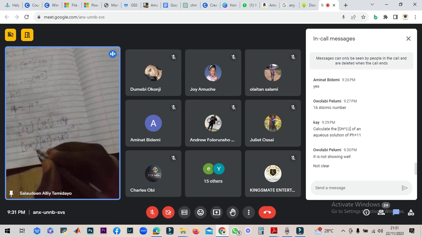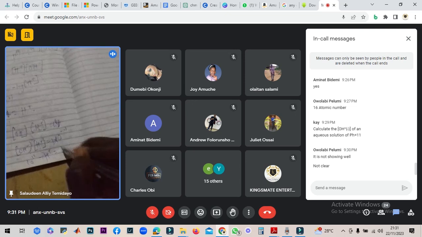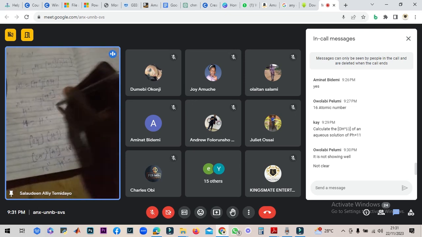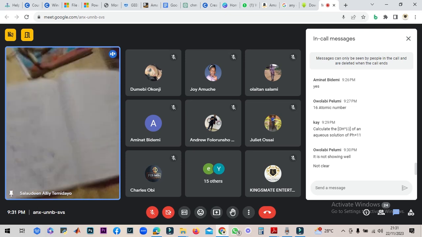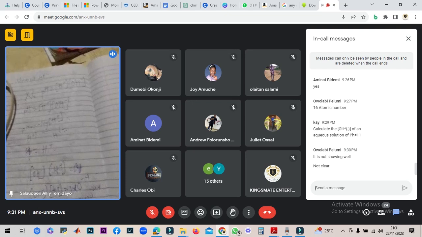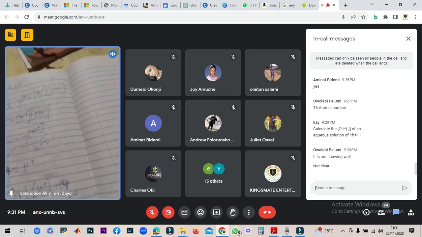The hydroxyl ion now is 10 raised to power minus 11, and hydrogen ion equals 1 times 10 raised to power minus 14 divided by 10 raised to power minus 11. That's 10 raised to power minus 25. Does that concur with it?